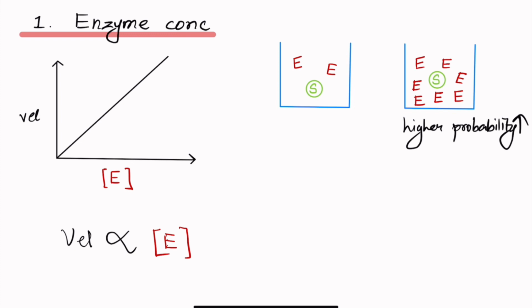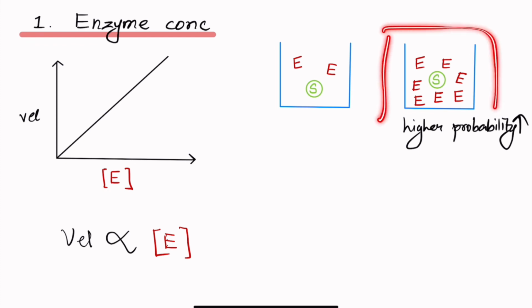As you can see, there are two vessels, 1 and 2, of same volume. In the first vessel, there are 2 enzyme molecules. In the second vessel, there are 7 enzyme molecules. In the first vessel, the substrate can combine with either this enzyme or this enzyme and form enzyme substrate complex.